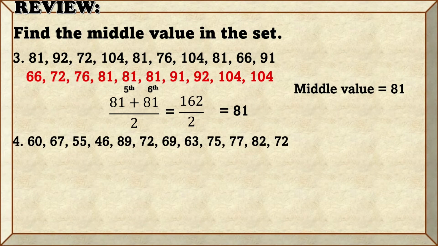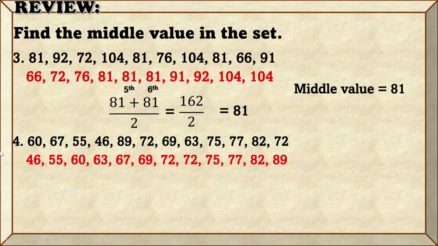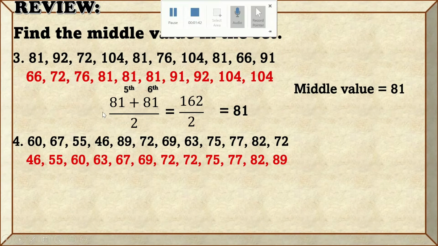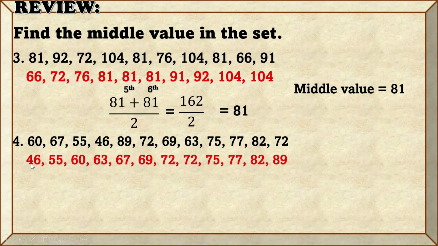For number 4, we have 60, 67, 55, 46, 89, 72, 69, 63, 75, 77, 82, and 72. The least value here is 46. So, pag in-arrange natin, we have 46, 55, 60, 63, 67, 69, 72, 72, 75, 77, 82, and 89. Then, bilangin ulit natin kung ilang data meron tayo. So, we have 1, 2, 3, 4, 5, 6, 7, 8, 9, 10, 11, 12.